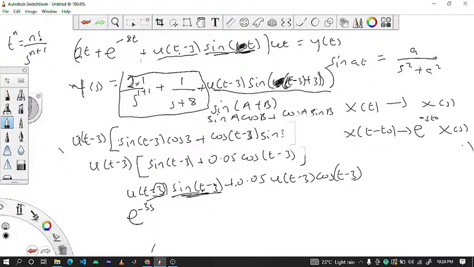Now since we cancel the 10, we just have a sine t. So sine t will be giving us 1 over s squared plus 1. And you're done with that part. Plus 0.05 times, so here you have e to the power negative 3s. I have a cos. Now since the sine is t, then your cos will be t. We have s over s squared plus 1.